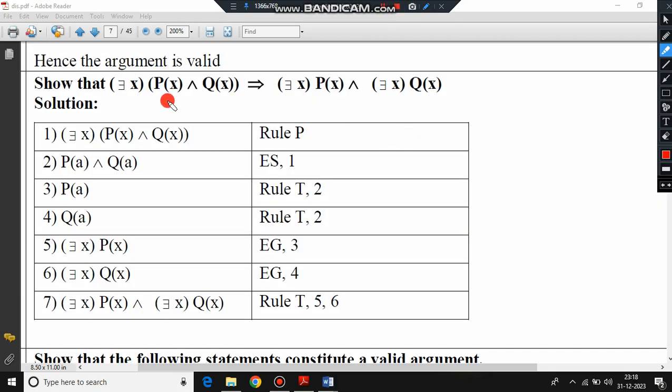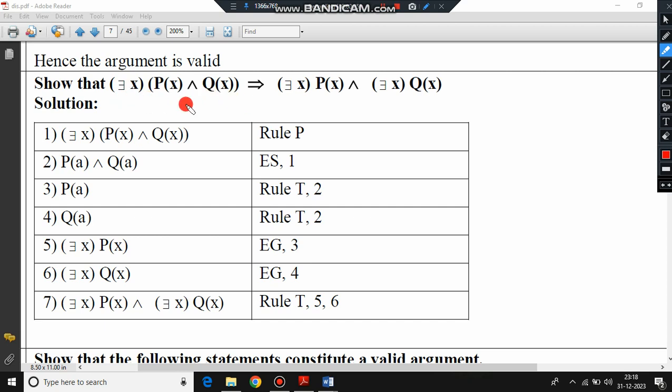Okay students, I am really happy to explain one more problem in the first unit. It is given that there exists x, p of x and q of x.